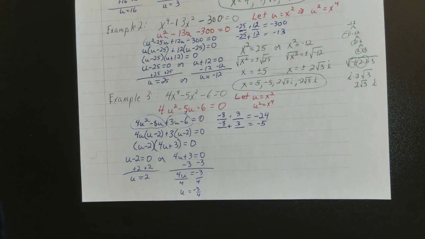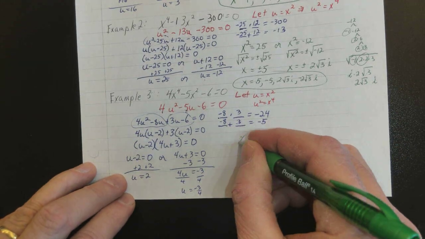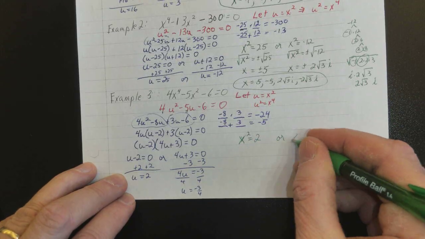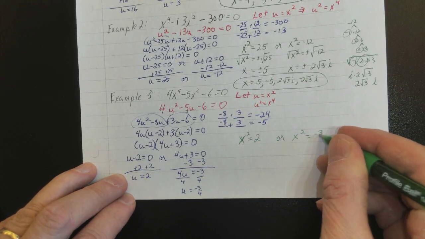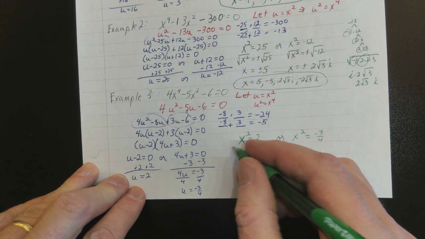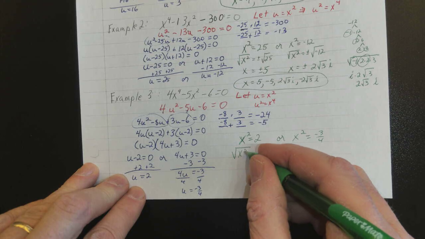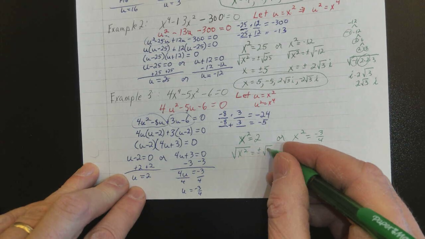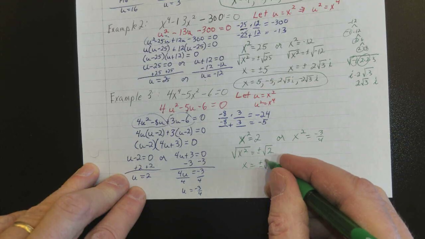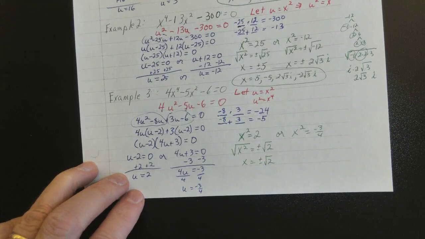We need to solve for x, right? X squared equals 2, or x squared equals negative 3/4. I'll take the square root of x squared equals plus or minus the square root of 2, and that won't simplify, so we'll stop right there with that.